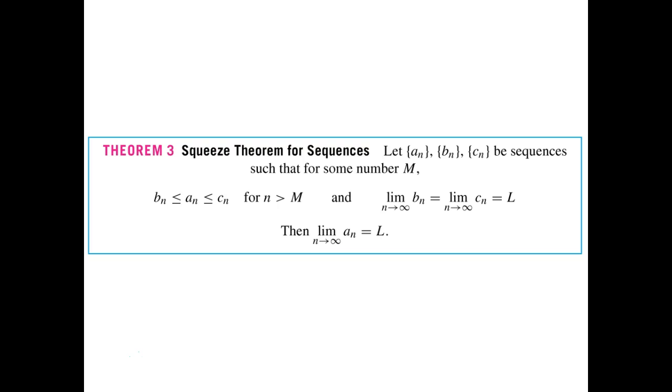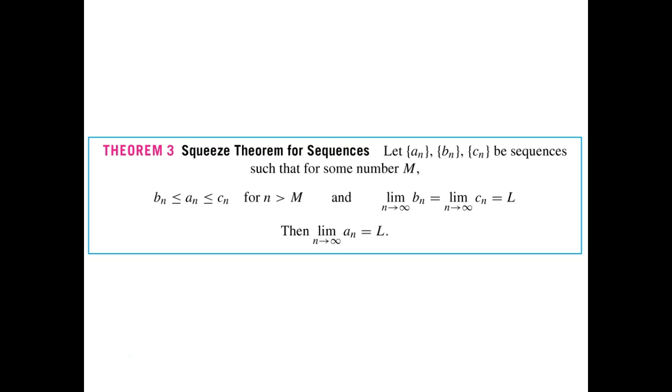They're all sequences such that for some number m, now this m is back to being the thing that we were dealing with before, if you get your n greater than that m, your b sub n is always going to be less than or equal to your a sub n, which is always going to be less than or equal to your c sub n. So that's true for all n greater than some value m out there.